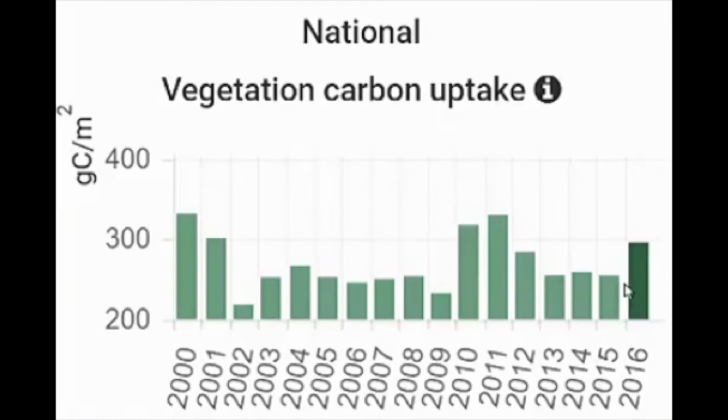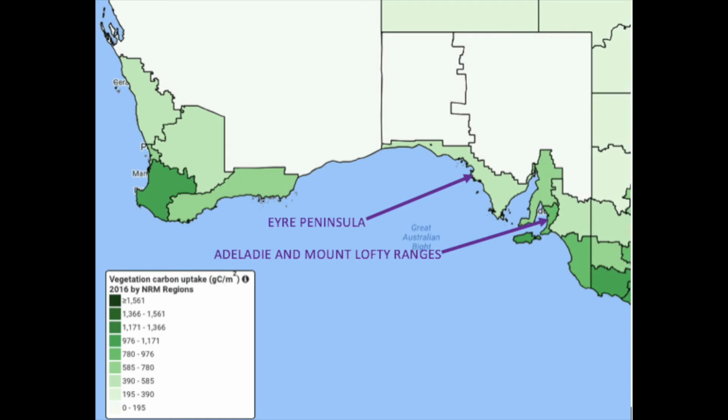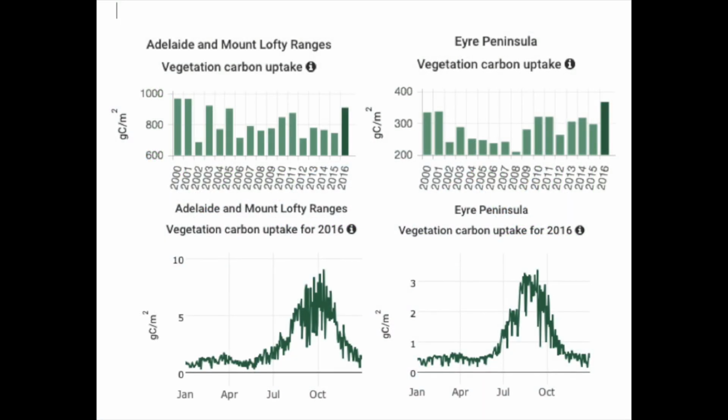As examples of how satellite imagery is used to estimate gross primary production, we have shown Australia's vegetation carbon uptake. You can see how it fluctuates each year. We have also compared the gross primary production in 2016 for the Eyre Peninsula and the Adelaide Mount Lofty Ranges, and looked at what months the vegetation carbon uptake was the highest.